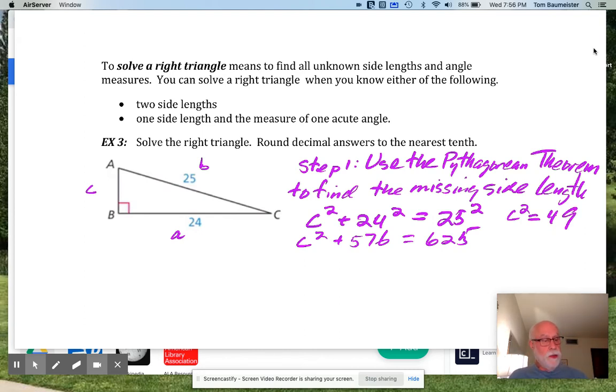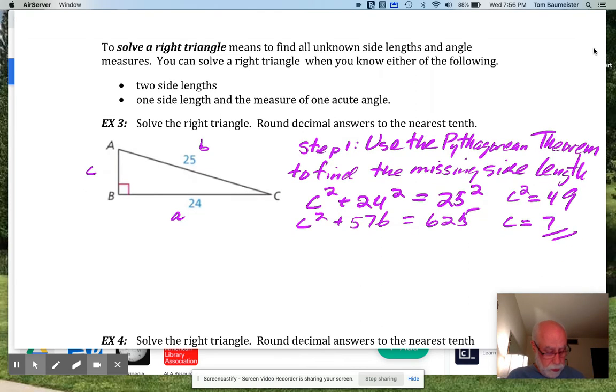And if I take the square root, remember to get rid of a square, I take the square root. If I take the square root of 49, I will get 7. And notice I didn't put plus or minus in front because, again, we're talking length on this one here. So that is one of our answers. So our answer would be c is equal to 7.